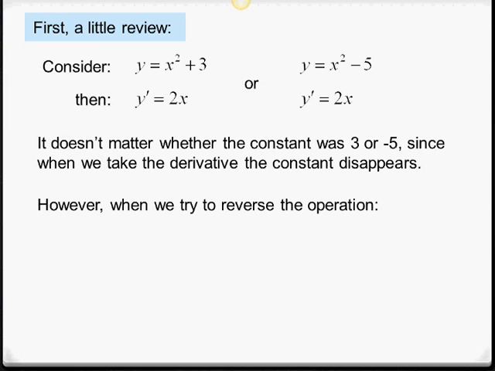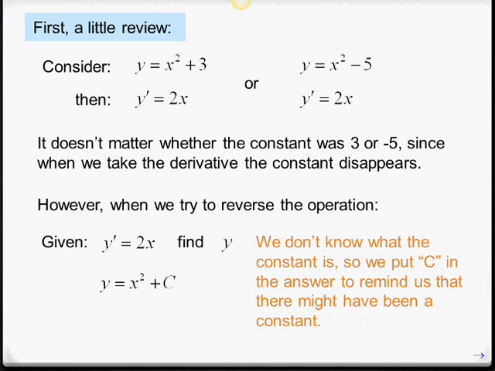But if we reverse the operation, I gave you the derivative, and I asked you to find the integral, or the original function, we would have to attach a plus c onto the end because we don't really know what c is. So we just put it there to remind us that there could have very well been a constant attached. If we do know a little bit more information, we can then find c.